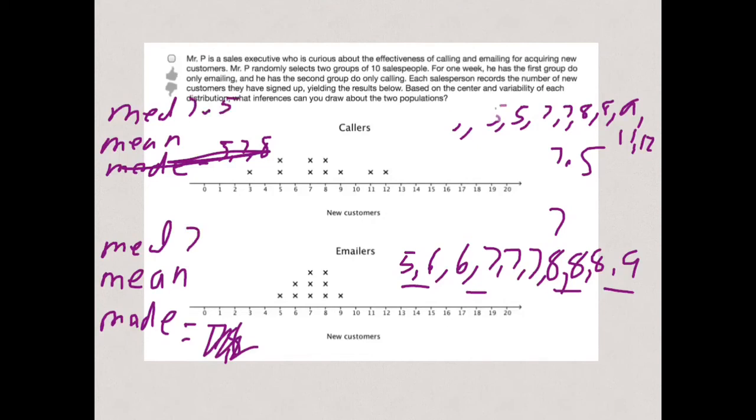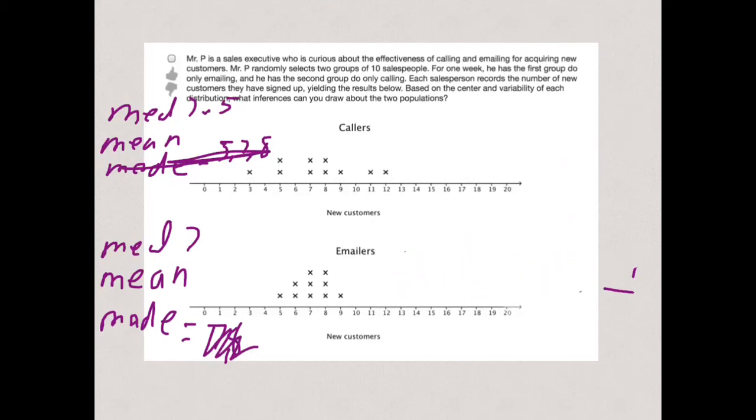Let me clean this up a little bit. Before this bell rings. If you hear the bell, I'm still going to try to get this done real quick. Okay, so let's see. For my callers, I have 3, 10, 14, 16, 9, 11, and 12.